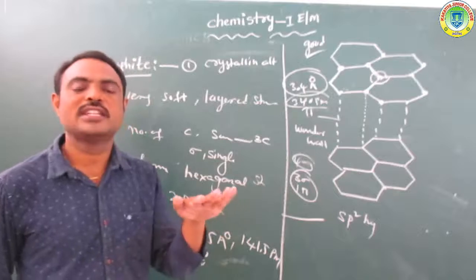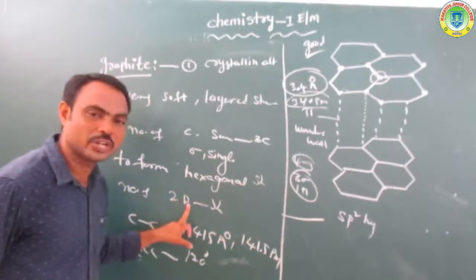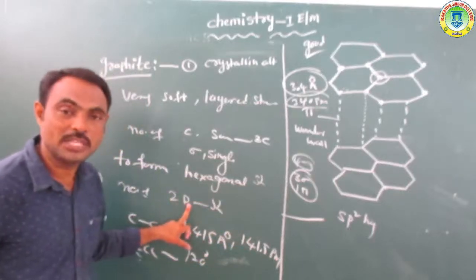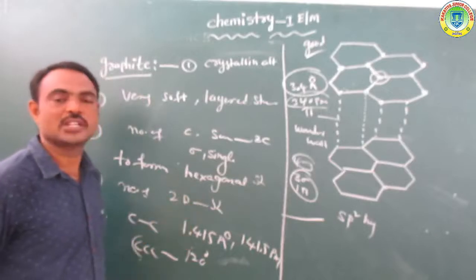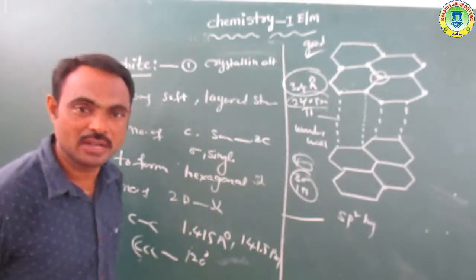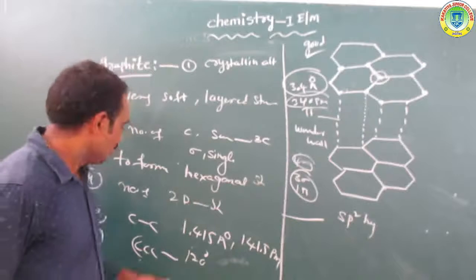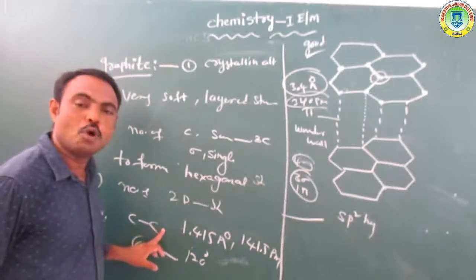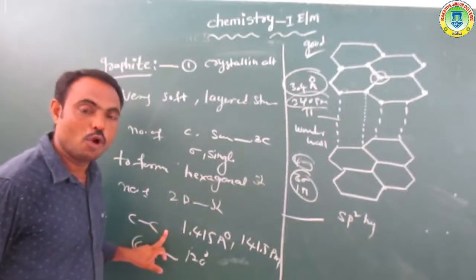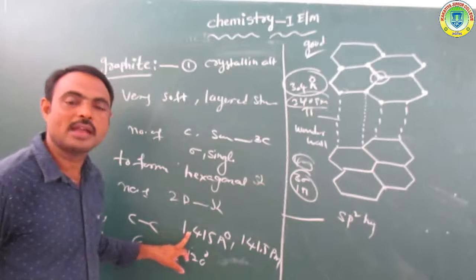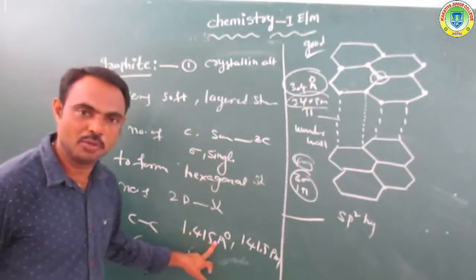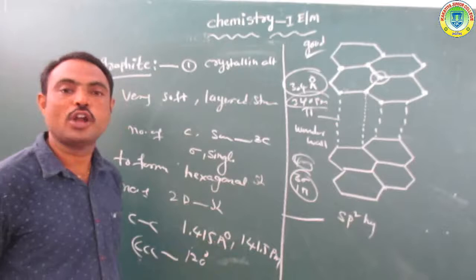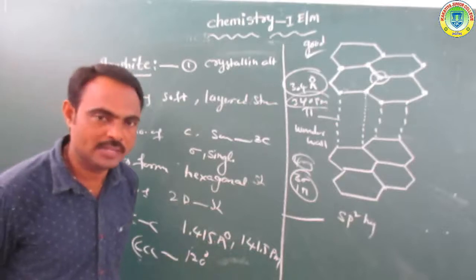Overall graphite structure is a 2D structure, which means two-dimensional structure. The bond length between carbon and carbon is 1.415 angstrom units or 141.5 picometers.